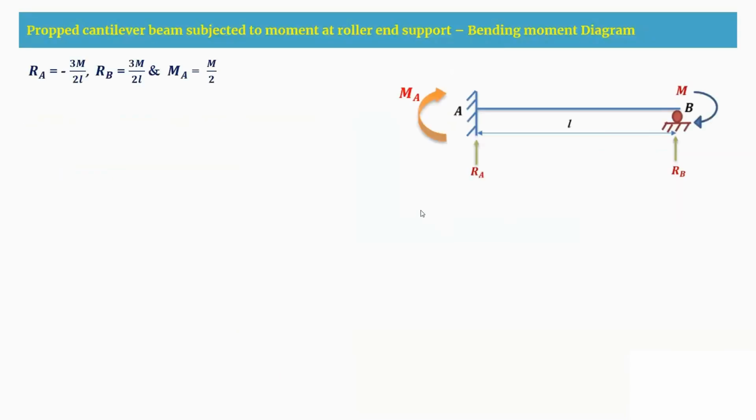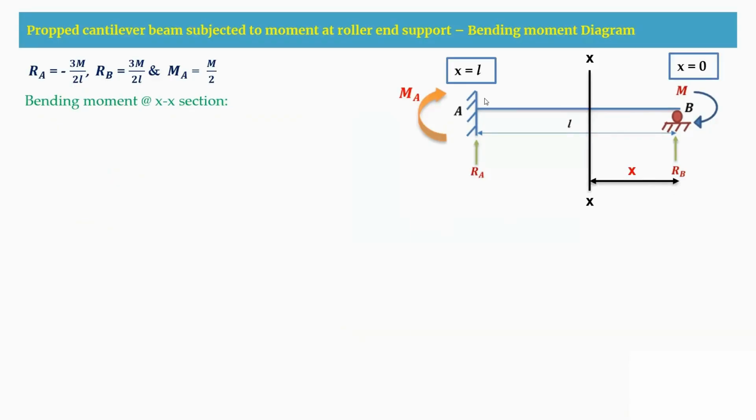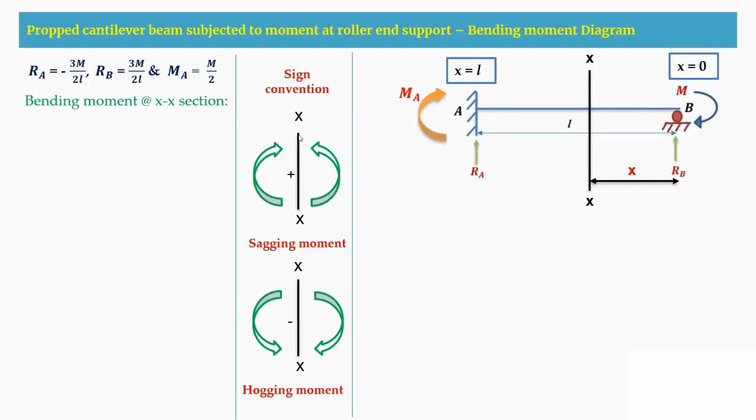Next, coming to the bending moment diagram, we take the same reactions, and then we cut a section in AB, taking the section from the B support at distance X, where the limits are X equal to 0 to X equal to L. Coming to the sign convention, when we cut a section, if the arrows are heading upward towards the section, then the moment is positive, that is sagging moment.